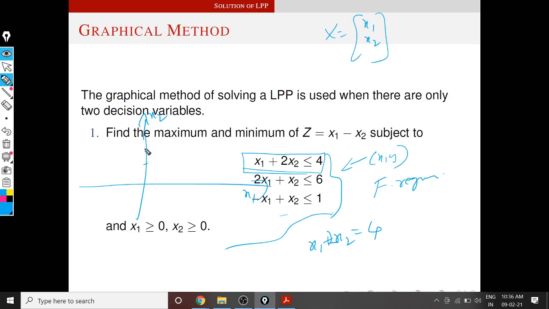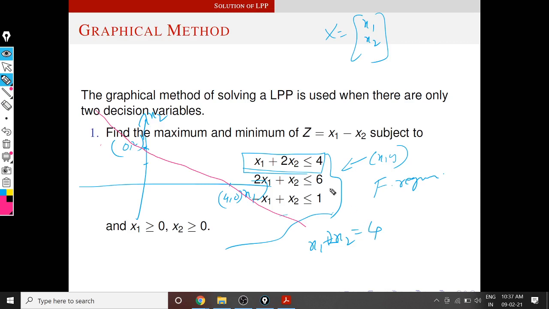So this is one point. Similarly, if x2 equal to 0, then what about x1? 4. So it is clear that this straight line passes through (0, 2) and (4, 0). So this is the straight line x1 plus 2x2 equal to 4.